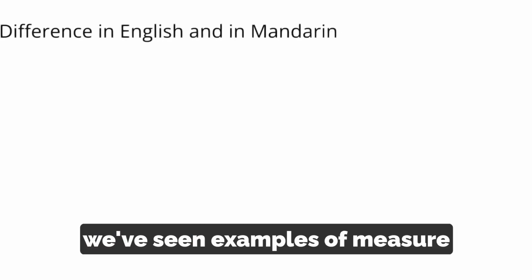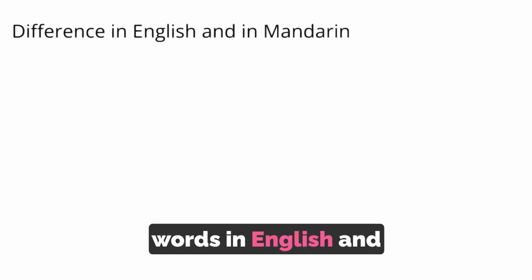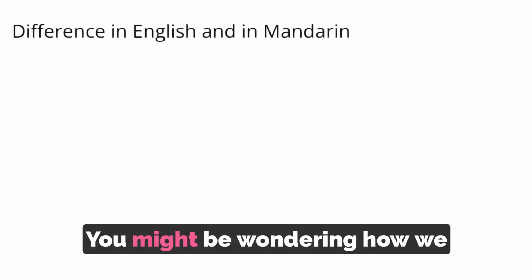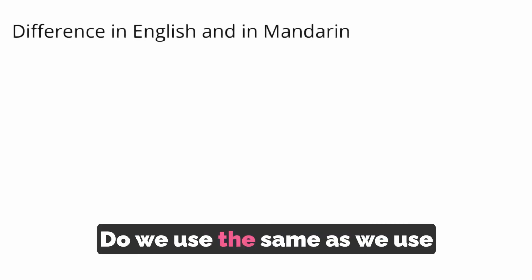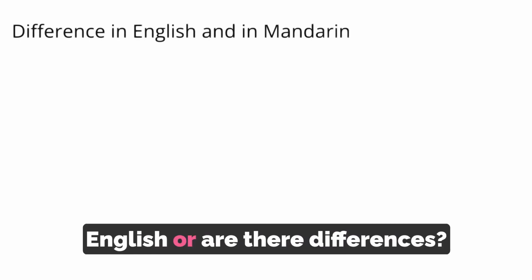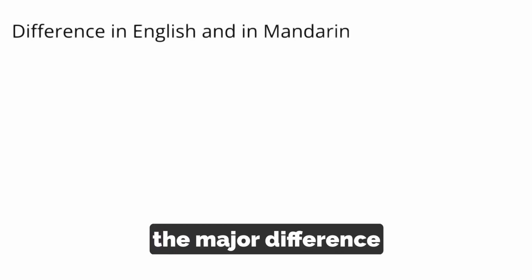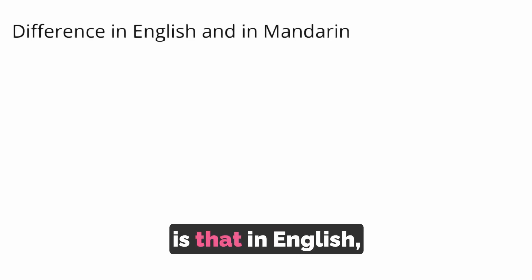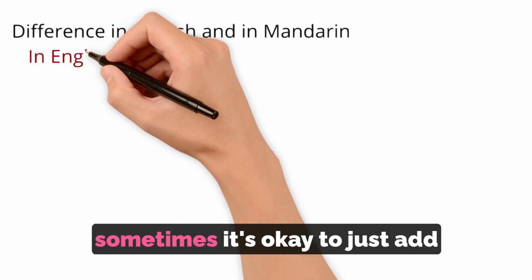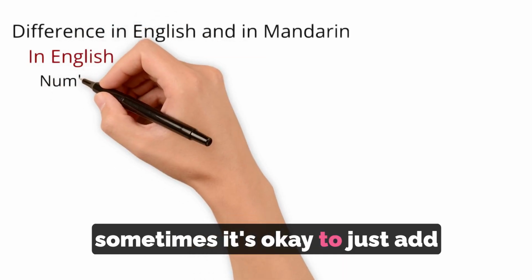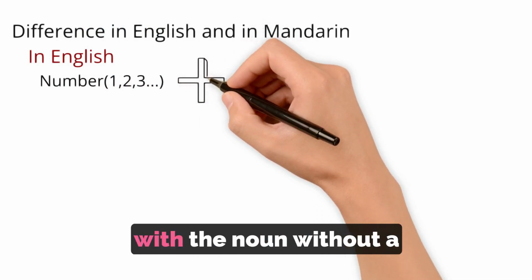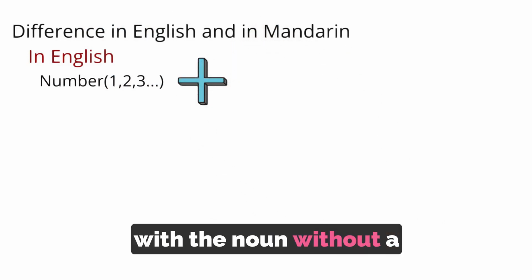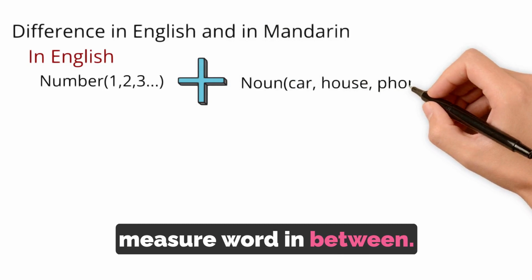Now we've seen examples of measure words in English and in Mandarin. You might be wondering how we can use the measure words in Mandarin. Do we use them the same as in English, or are there differences? Well, the major difference is that in English, sometimes it's okay to just add the number one to three directly with the noun without a measure word in between.